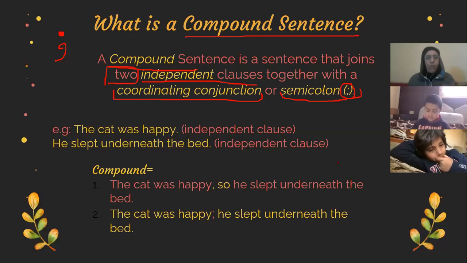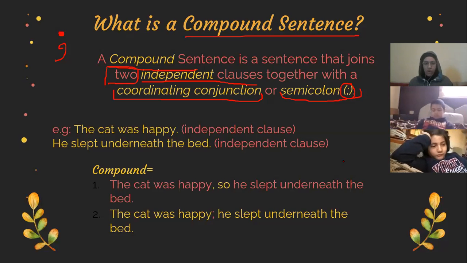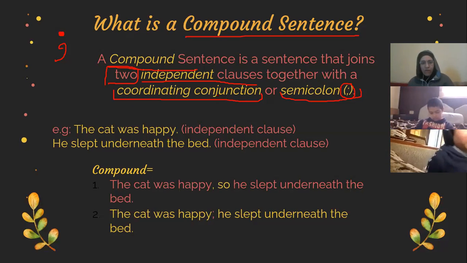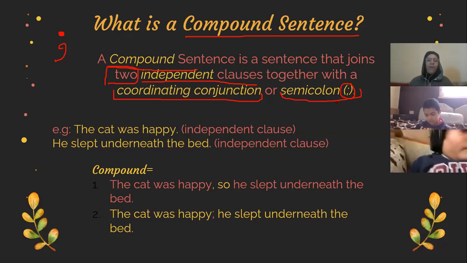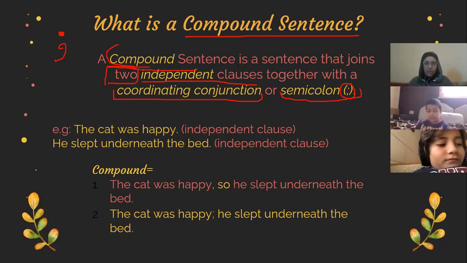When I connect them together as they are, I connect them either with a coordinating conjunction, which I will explain later, or I use a semicolon alone. I can make them one compound sentence. Okay, till here, clear? Does anyone of you have any question?